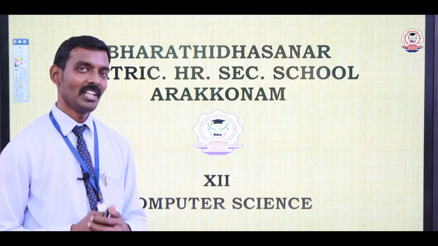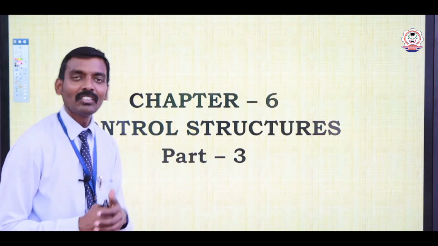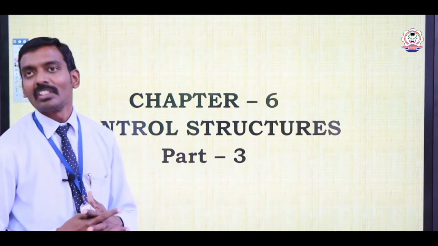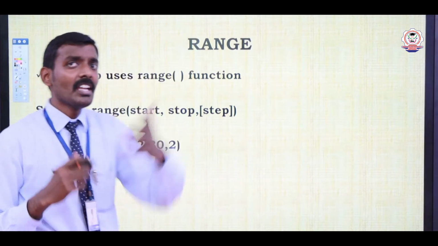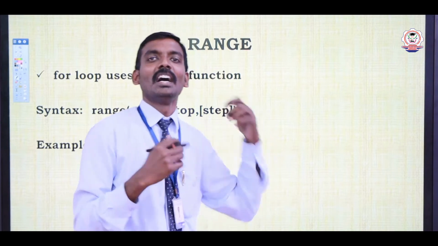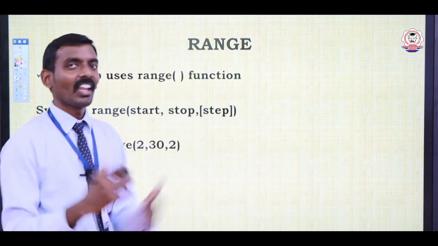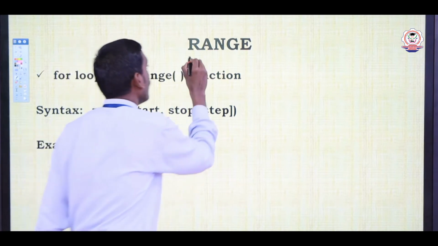Now we are going to see 12th standard computer science subject, chapter number 6, control structures, part 3. Before we enter into the for loop, we are going to see the range function. What is the range? Range means limitations.